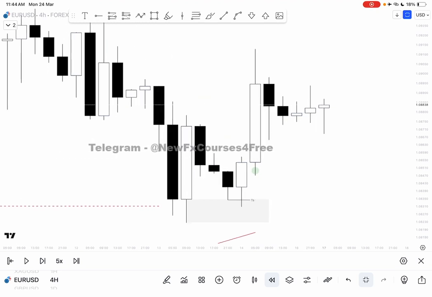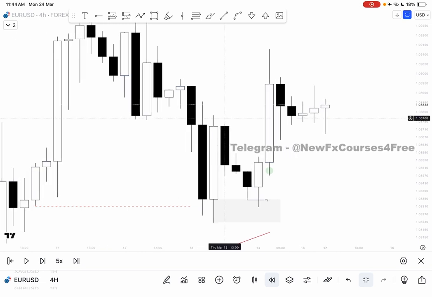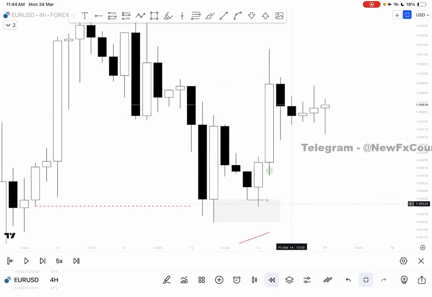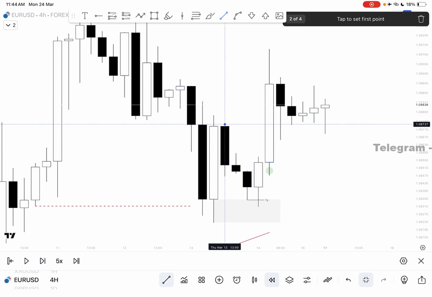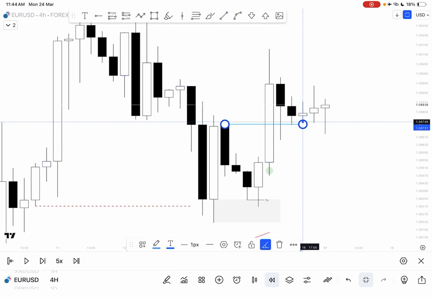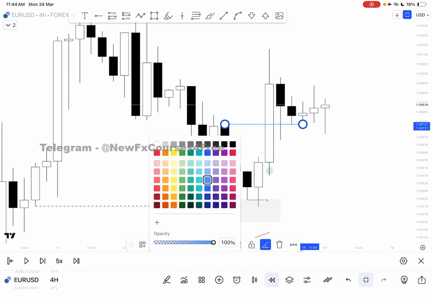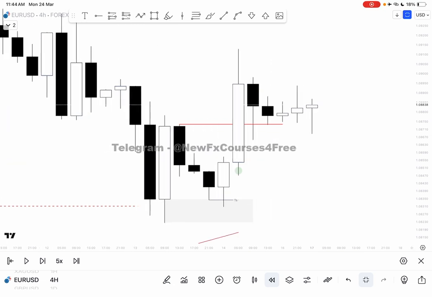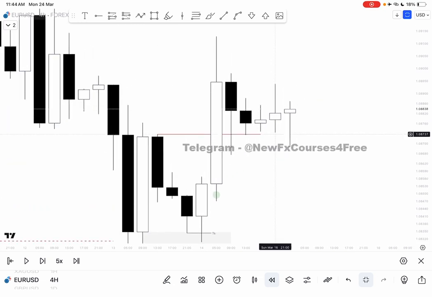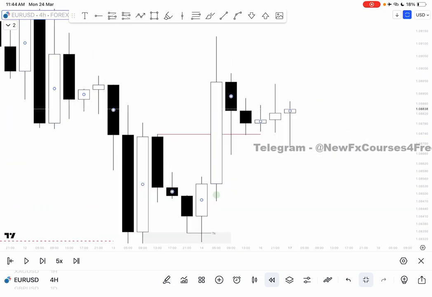So where is our key level? This was outlined as my key level on my Telegram group here for my students. This was the key level for this trade. And I didn't actually pattern trade my CRT.